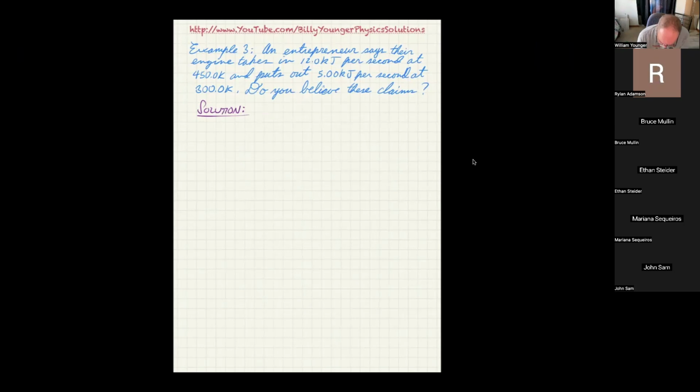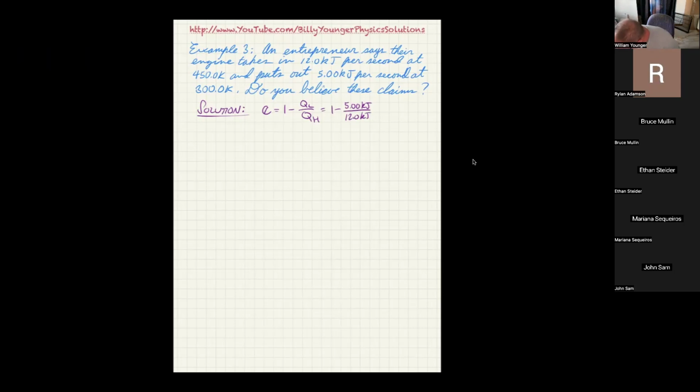So for any heat engine, the engine efficiency is 1 minus Q low over Q hot, and that would be 1 minus... Now the Q low was the 5.00 kilojoules given out at 300 Kelvin, and the Q hot is the 12.0 kilojoules taken in at 450 Kelvin.